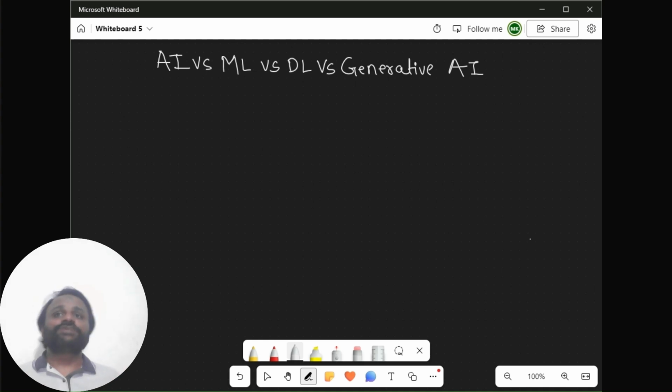I will try to elaborate in a simple way, just like in school or college, where you learn about Venn diagrams, or with the help of set theory we try to understand the distinction between these three parts. So I'm going to draw this.